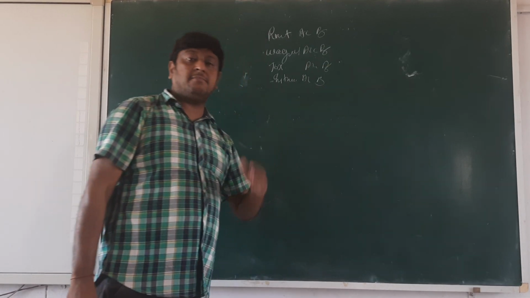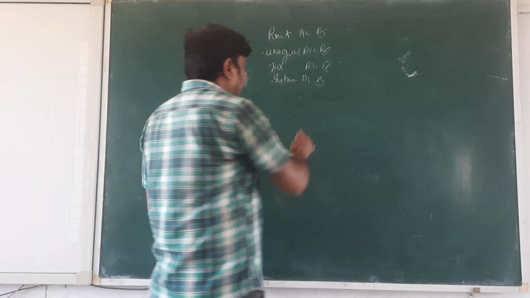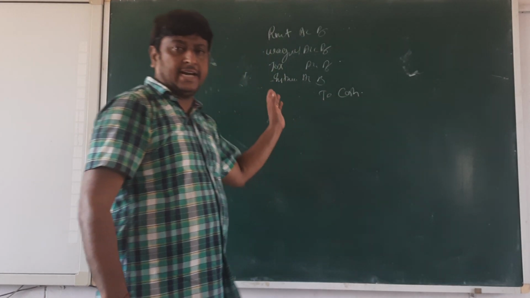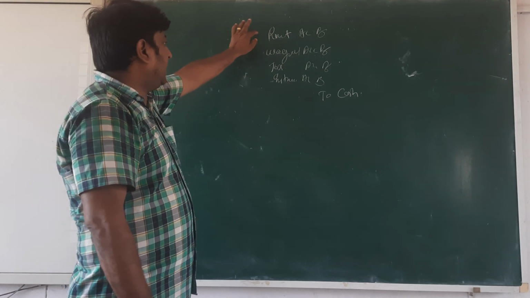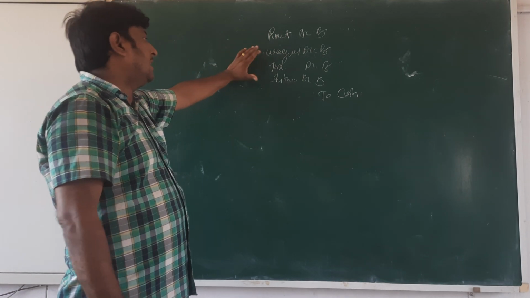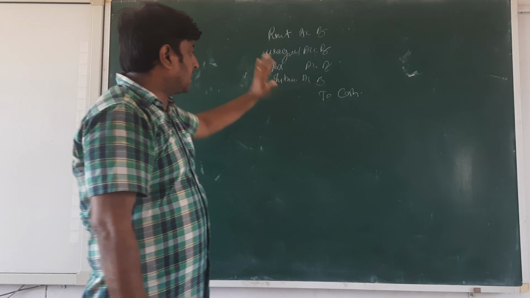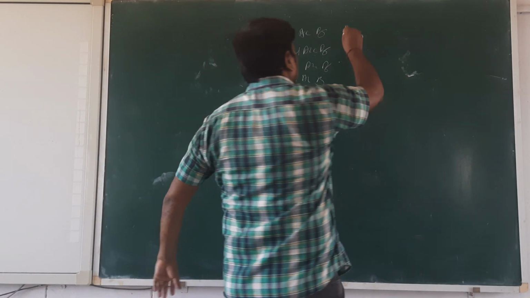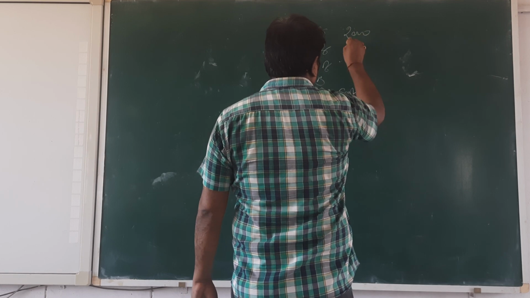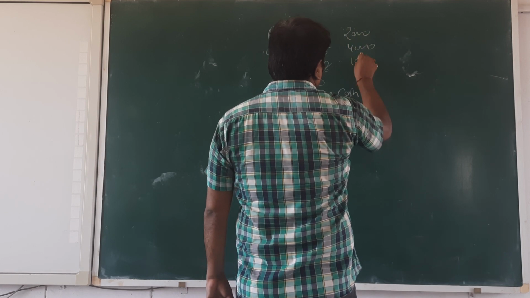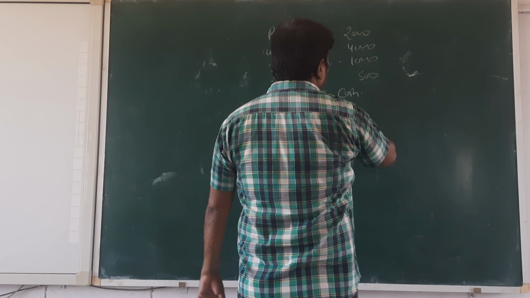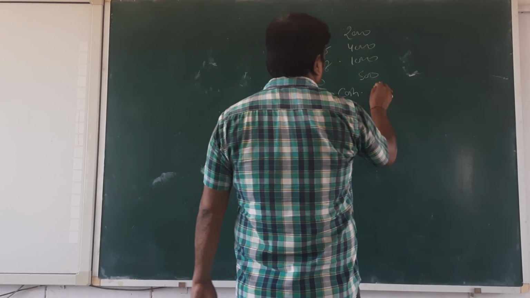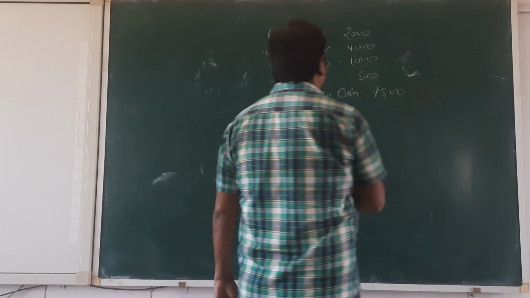These are all paid by the firm in cash, so to cash. We can do the entry like that also. If rent, wages, tax and interest are paid in cash, all four are debited and cash is credited: 2000, 4000, 1000, 500, total 7500.